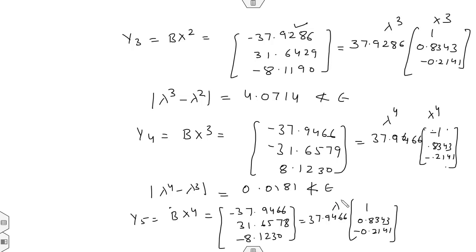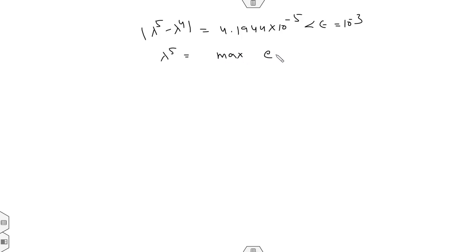This is lambda 5, this is x5, and the difference lambda 5 minus lambda 4 comes out to be 4.1944 times 10 raised to minus 5, which is less than epsilon, that is 10 raised to minus 3. So lambda 5 is the maximum eigenvalue of the matrix B.